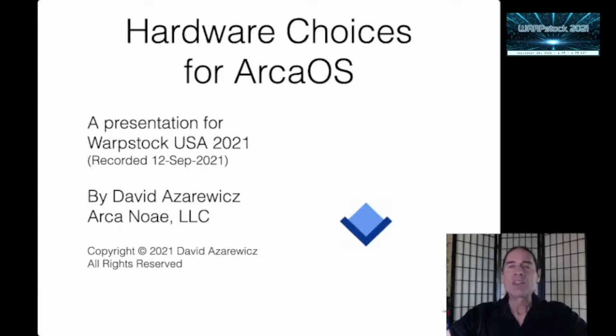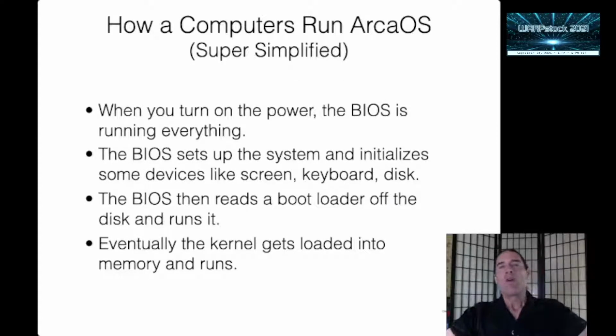But let's see what we can do to help that process. Before we get started talking about the different kinds of hardware, let's review how ArcaOS actually runs on that hardware. This will help you understand why certain things are important when selecting the hardware. It may even help you understand why you're having certain problems with your current hardware.